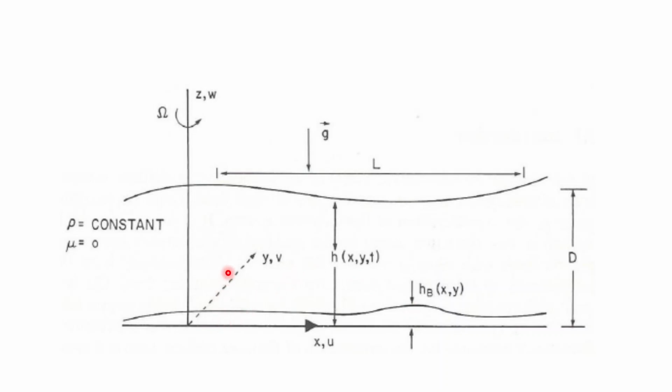When you read Chapter 3 of the textbook, you may not need to worry about this lower topography. Just setting H_B equal to 0 would be okay. So-called shallow water waves means that the wave has a much longer horizontal length scale than vertical scale. That is the definition of shallow water.